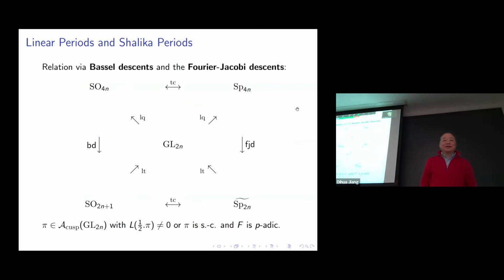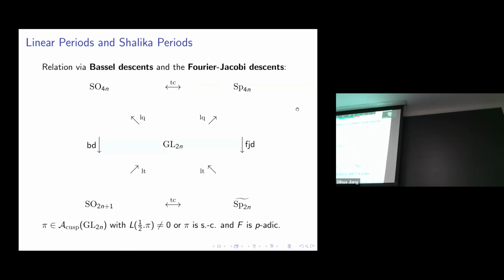Okay, so I try to put the whole theory developed into this beautiful diagram. Okay, so this diagram is about G, where we are talking about cusp forms or supercuspidals in this GL2M, right? And this is like a mirror symmetry, okay?